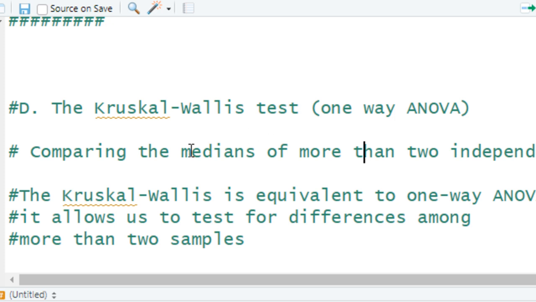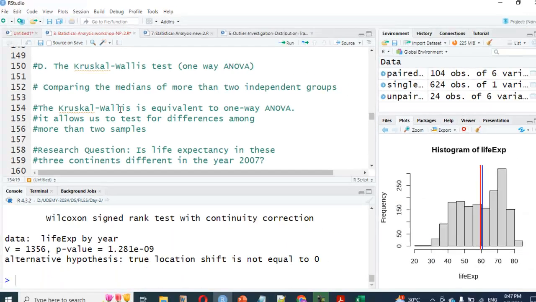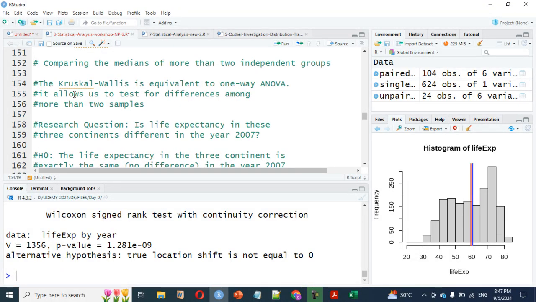Okay, that is what we are doing for Kruskal, because don't forget, it is non-parametric, based on median, because it's using ranking. The Kruskal-Wallis is equivalent to one way ANOVA. It allows us to test for differences among more than two samples.